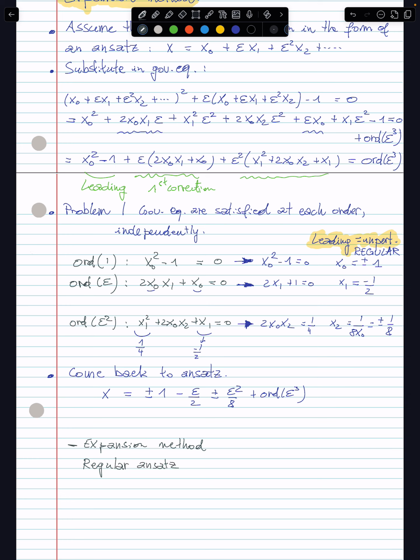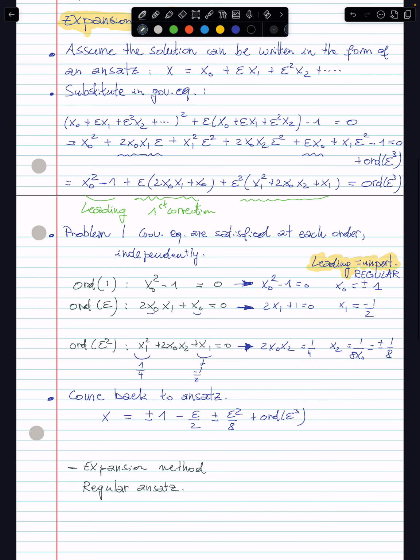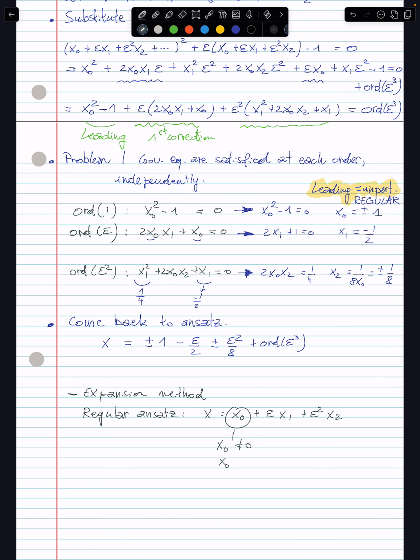So hoping that the problem is rewritten with the right orders of magnitude, a regular ansatz is something that starts always with the first term that is non-zero, of course, and which should be of order 1. That's how we write. So it should not be small, right?